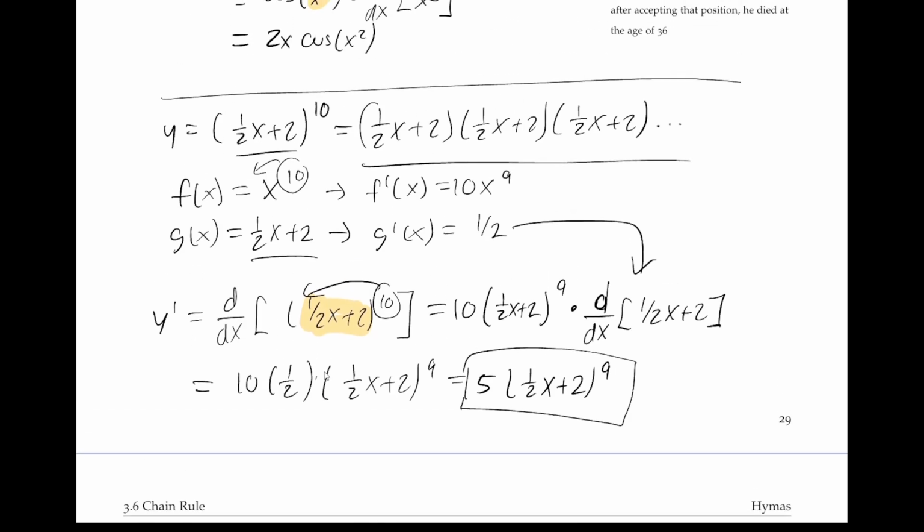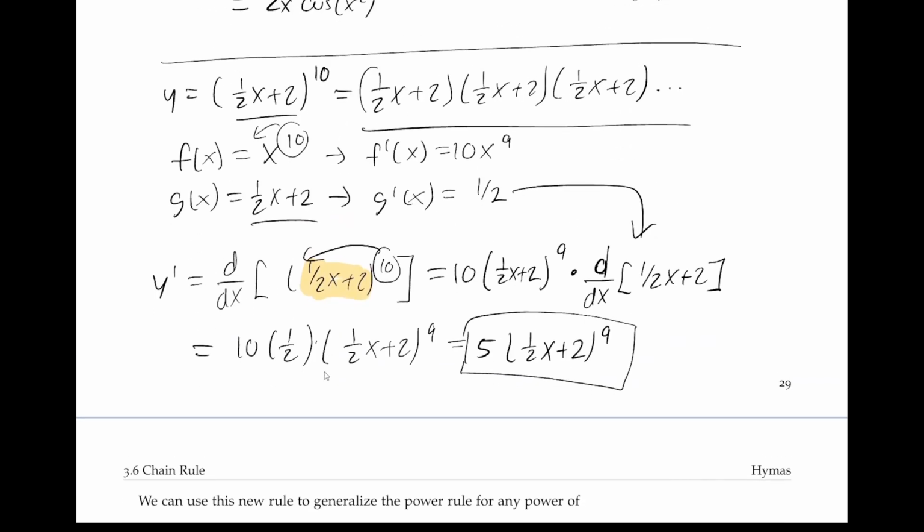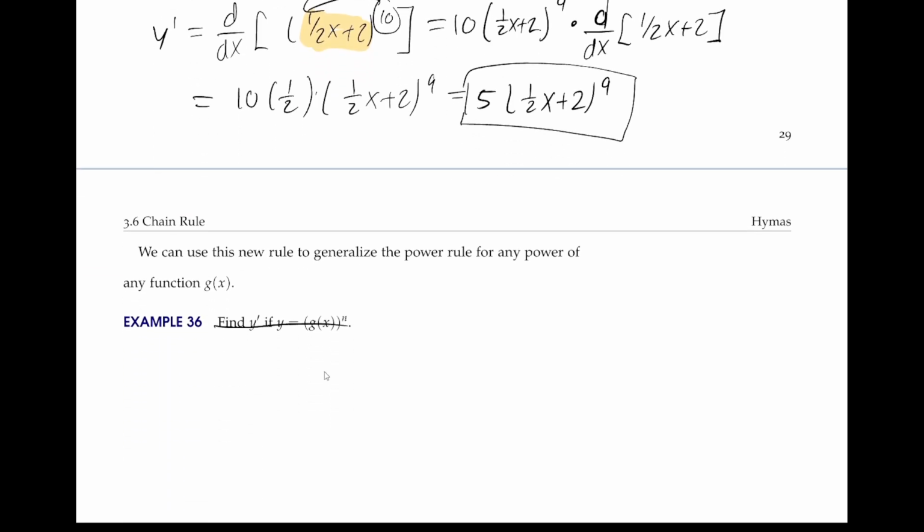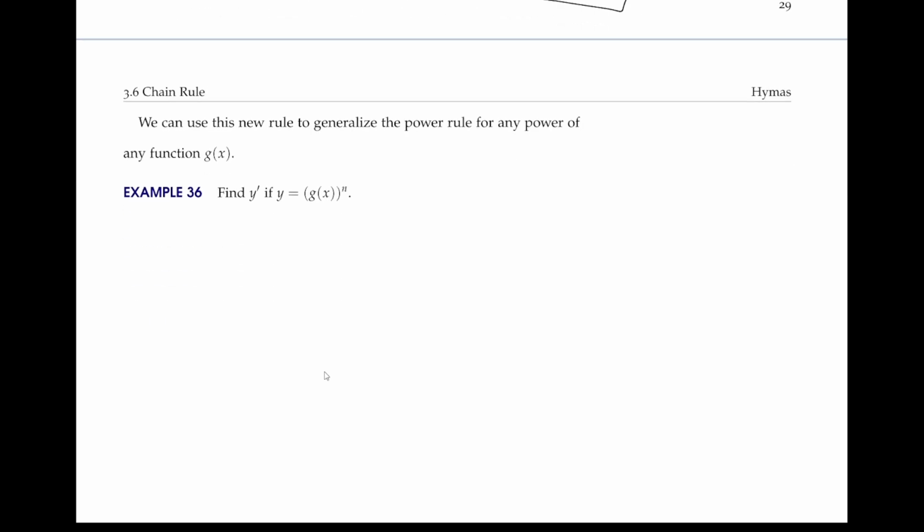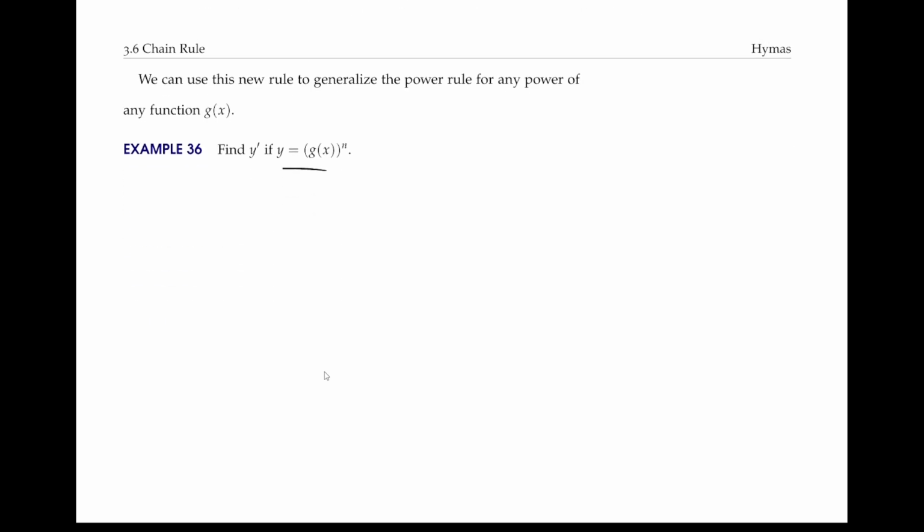Okay. And this thing that we're doing here, where we're doing the power rule, but we have kind of something inside the power rule, this thing is common enough that it gets its own rule. And so that's what this example here is really doing, is we're deriving what's called the generalized power rule. And this works if you have any function g of x to some power.